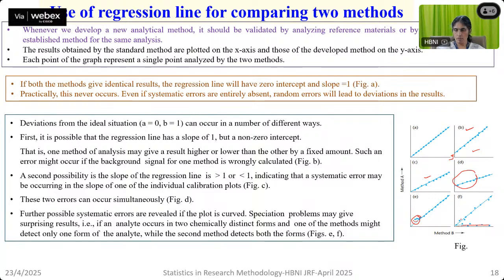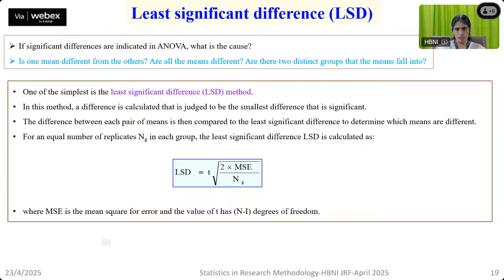Sometimes one method will be having higher signal, the other method will be having lower signal also. This type of unexpected observation is seen during the comparison of two methods when more than one species are present in the system, and one of the methods is not having sensitivity to the particular different species.